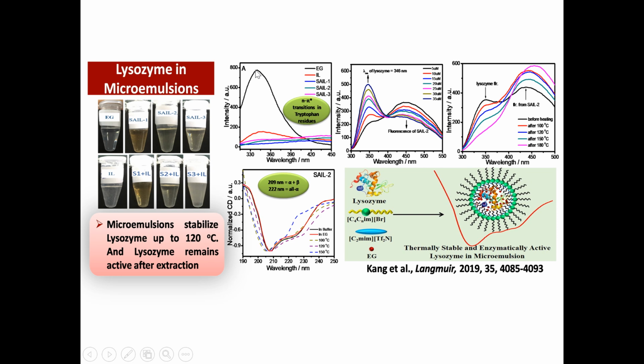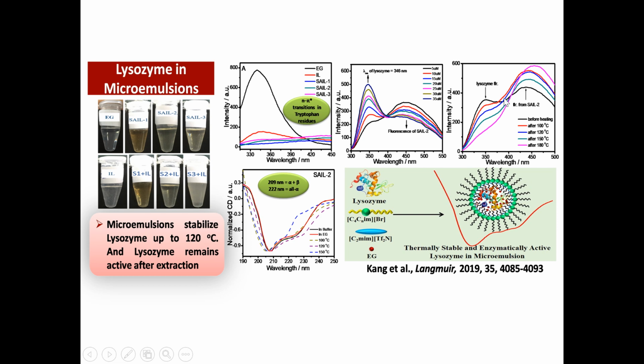Herein, the peak at 340 nanometer originates due to the presence of n to pi star transitions in tryptophan residues of lysozyme. And from the presence of the isosbestic point, we infer that lysozyme is present somewhere at the interface of SAIL and ethylene glycol in reverse microemulsions.